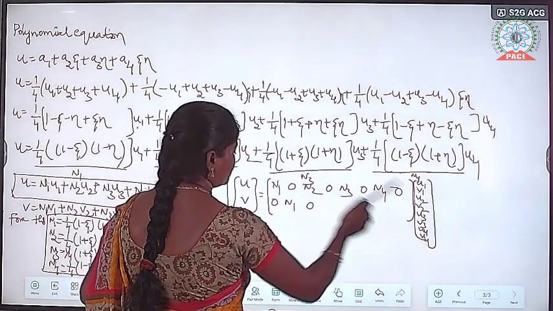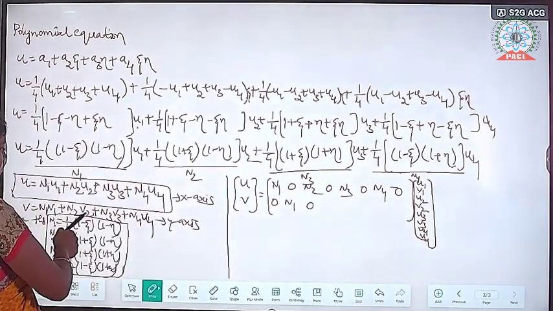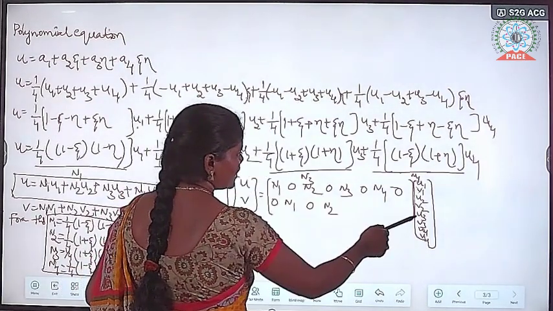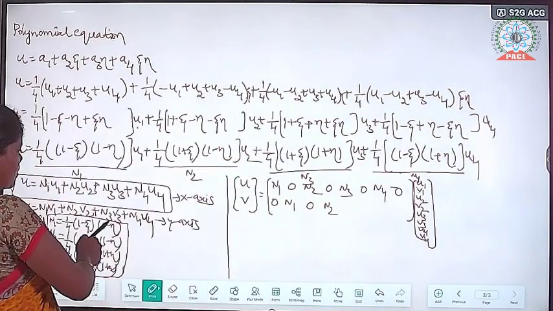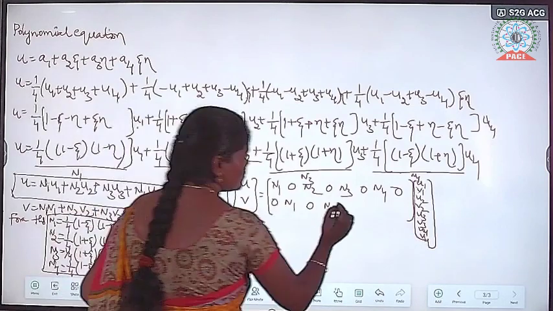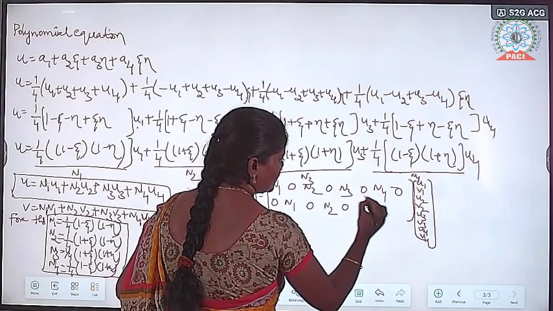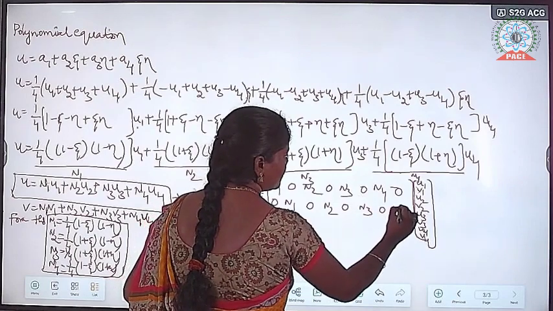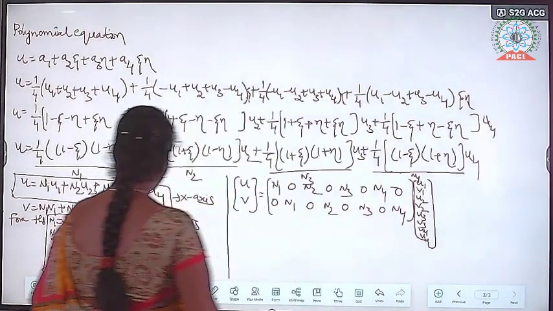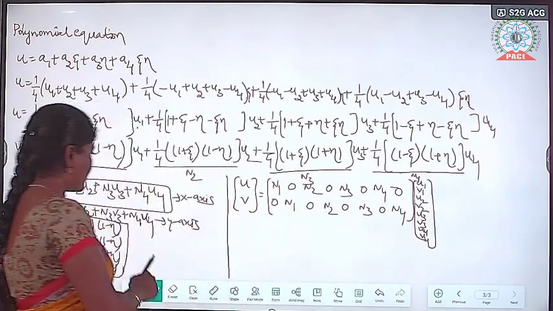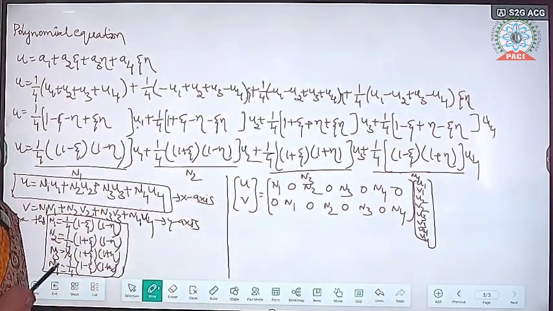Next V2 means N2 V2 is there, so here we take N2. Again the U3 term is not there in this y-axis equation, so we take it as 0. Next V3 means N3. Similarly for the N4 term. So this is the matrix equation we finally get by deriving the shape function.